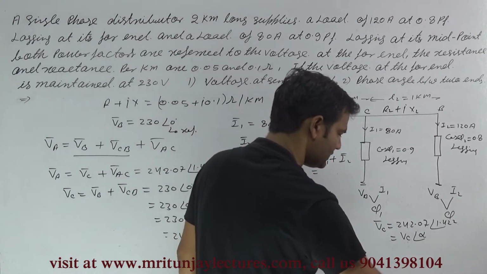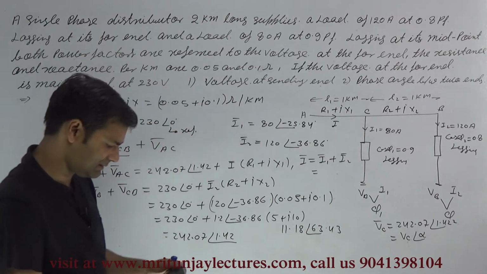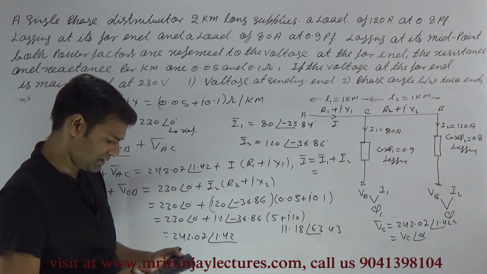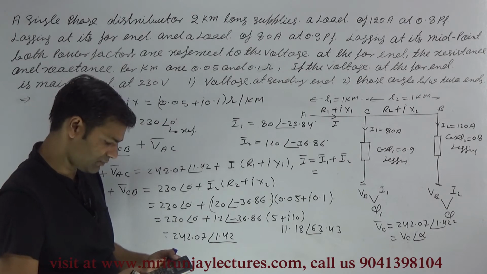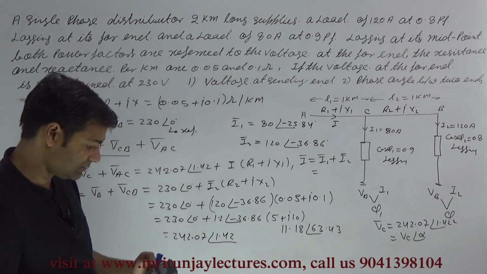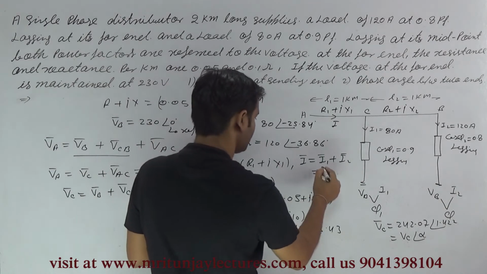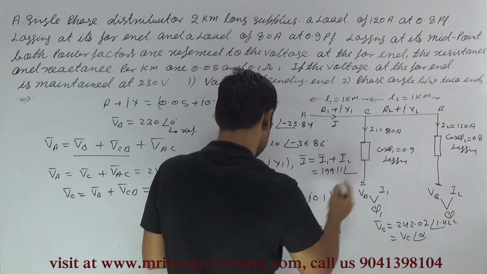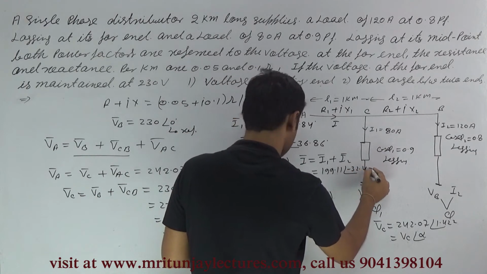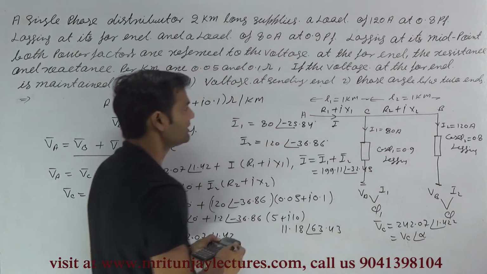So I1 and I2: first 80 at the angle minus 25.84 plus 120 at the angle minus 36.86. It is converted into 199.11 at the angle minus 32.45. That is I.